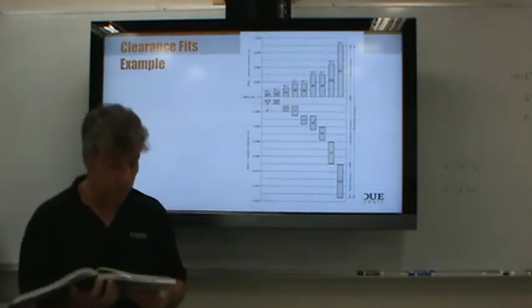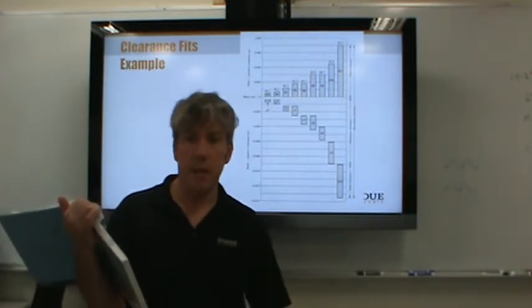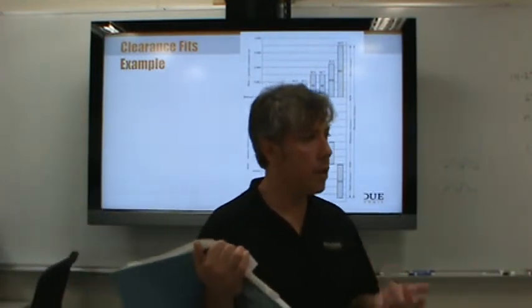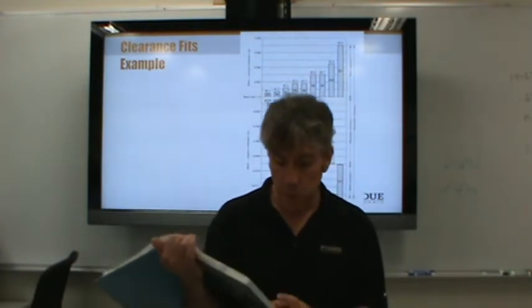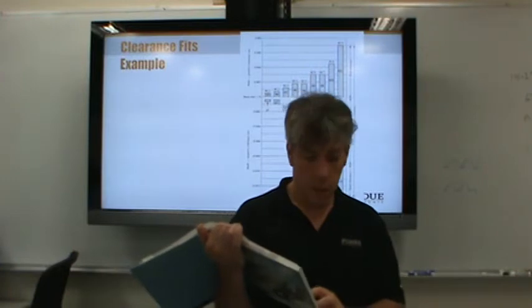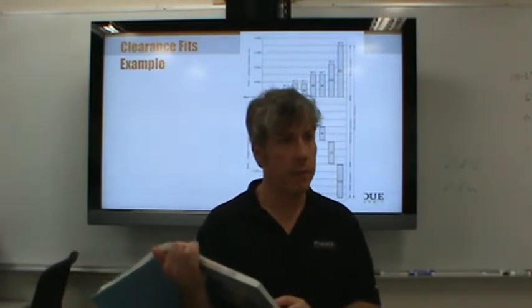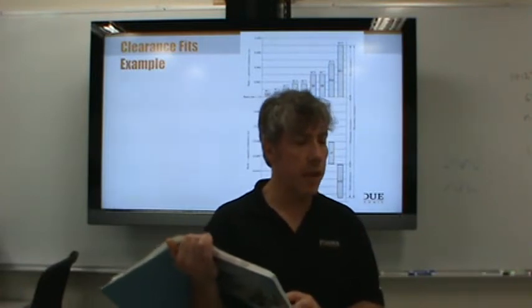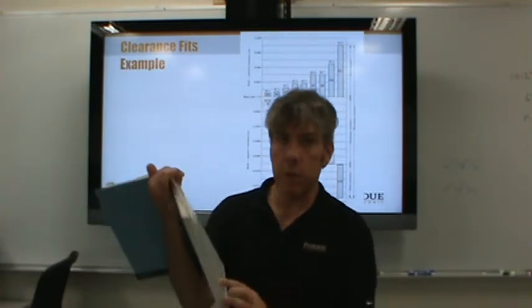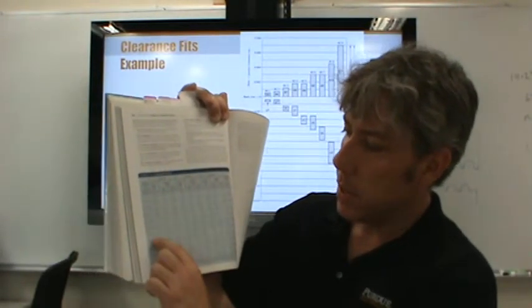So if you look in the table, table 13.3, you'll notice on the left-hand side are nominal size ranges. Well, a 2-inch size falls into what range? Exactly. You see the row that's labeled 1.97 to 3.15? That's the range that a 2-inch shaft would fall into. So what you can do is go over and look at the limits of clearance.